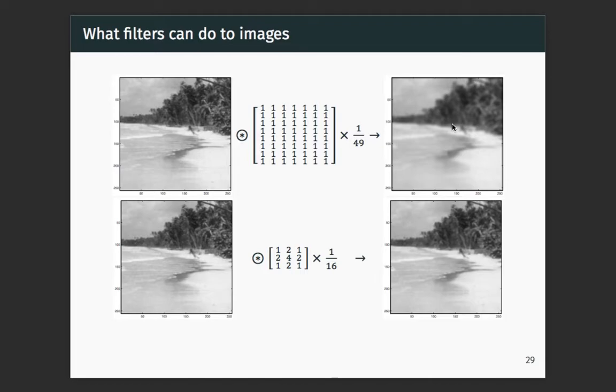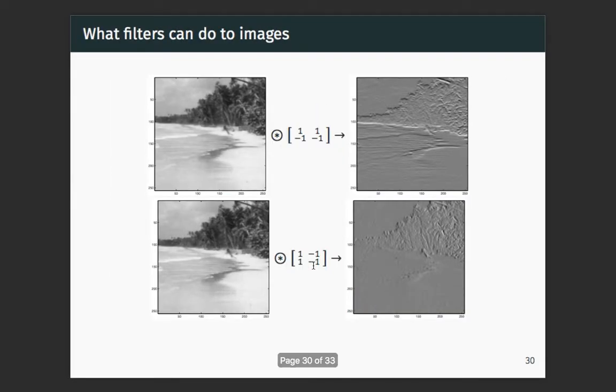When you apply that for every single pixel, which is what your convolution does, what you get is a blurry picture. Okay, a typical effect in Photoshop. And you can apply different types of blur. Here we're using different weighting schemes, but this is what you get.